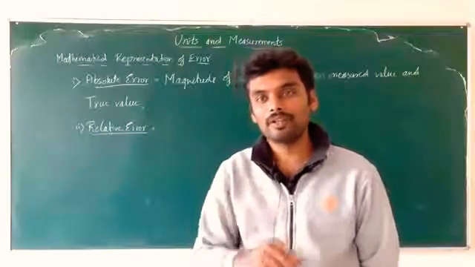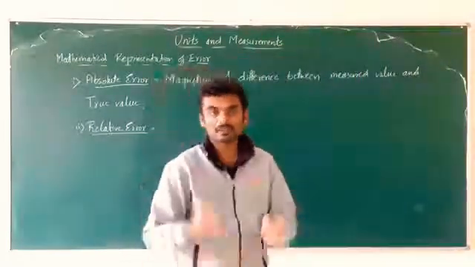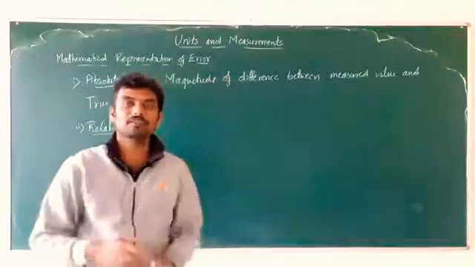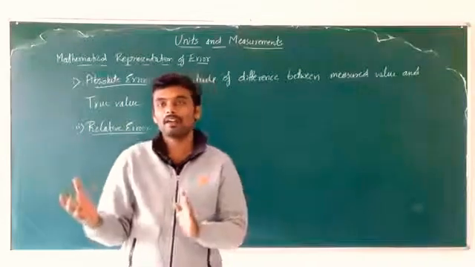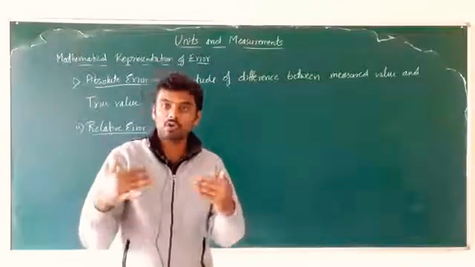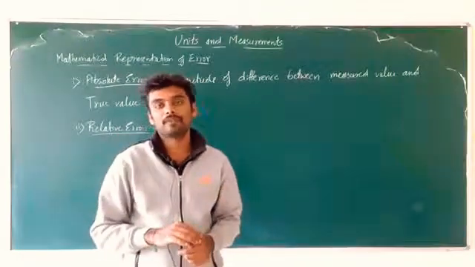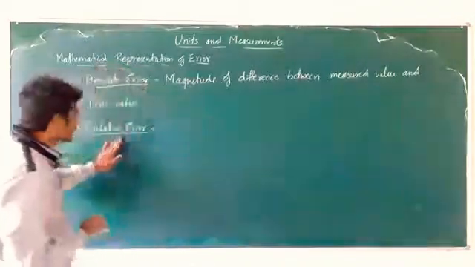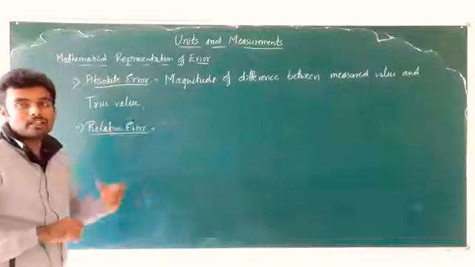So how do we get to know about it? We get the nature of the measurement, whether it is good or bad, by taking the ratio of the absolute error and the true value. That itself is relative error. We compare the error with the true value.